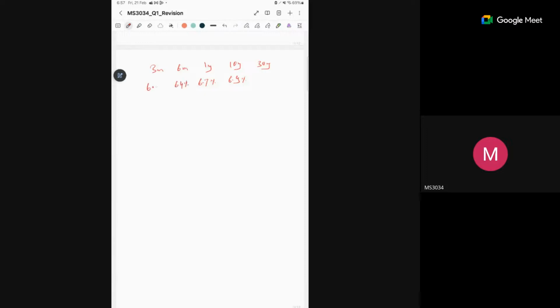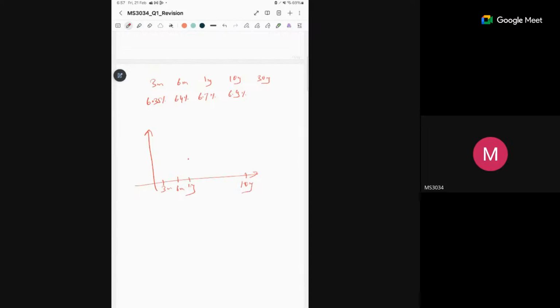If I draw this from 3 month, 6 month, 1 year, taking the same differences, then here will be 10 year. So to calculate, let's suppose this is 6.7, this is 6.9. These are the 2 points.